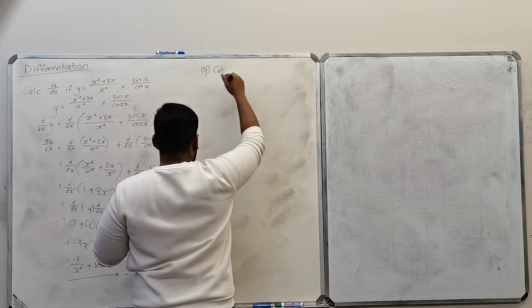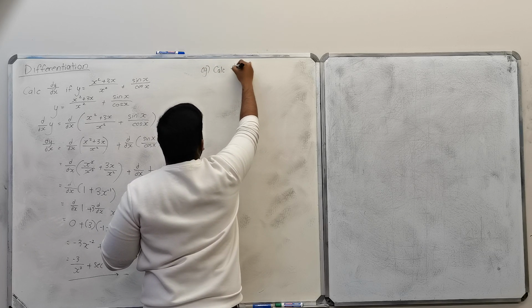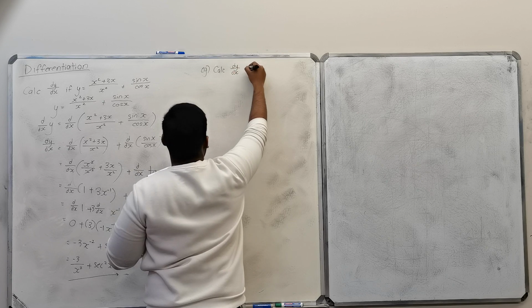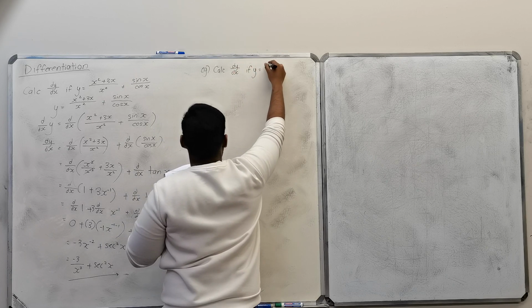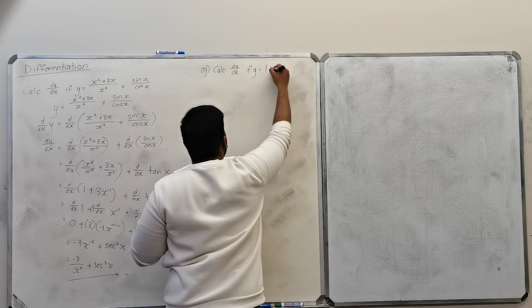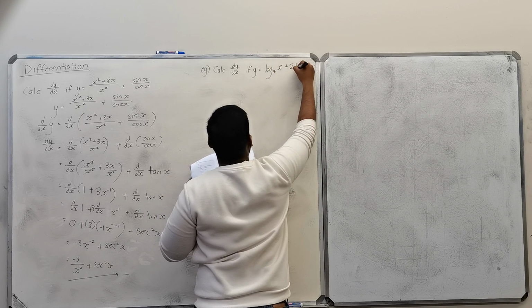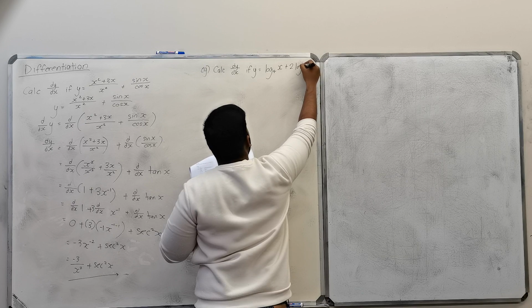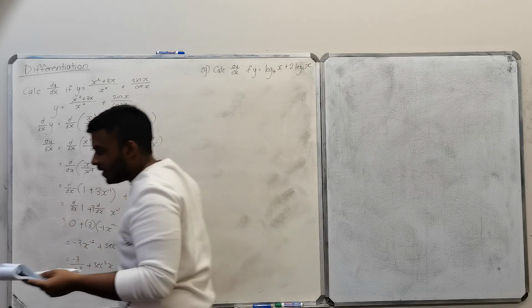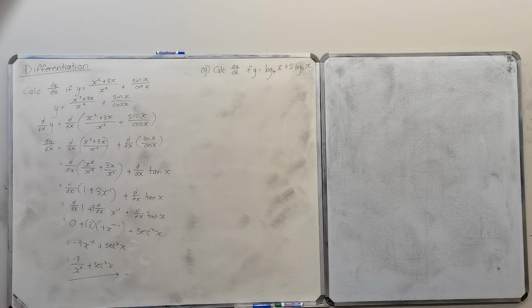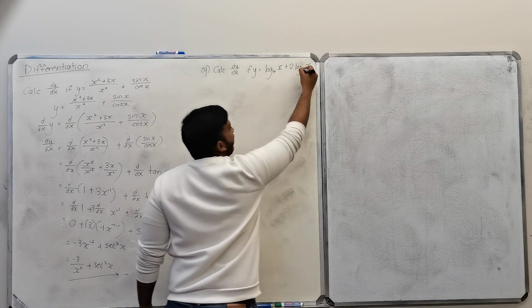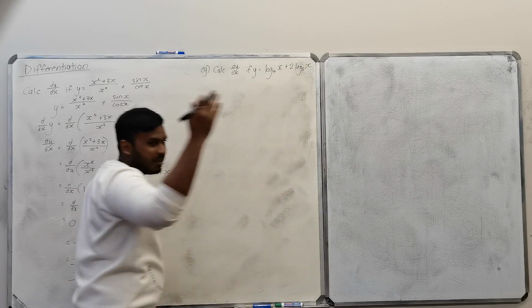Calculate dy over dx if y is equal to log base 4 of x plus 2 log base 5 of x.